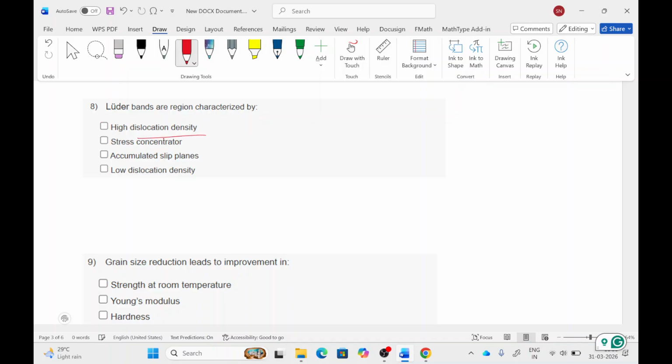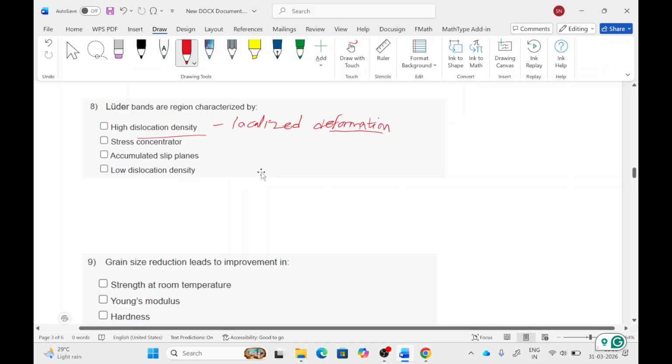So the higher dislocation density will create a localized deformation. This localized deformation in the tensile specimen can generally be seen on the surface of the tensile specimen in a microscope.